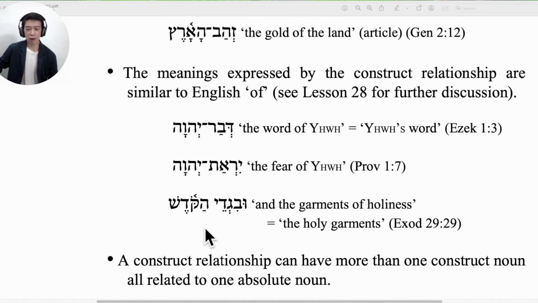And the garments of holiness, meaning the holy garments, from Exodus 29:29. So notice that the first character here is a Vav with a Dagesh. It's pronounced as "u."